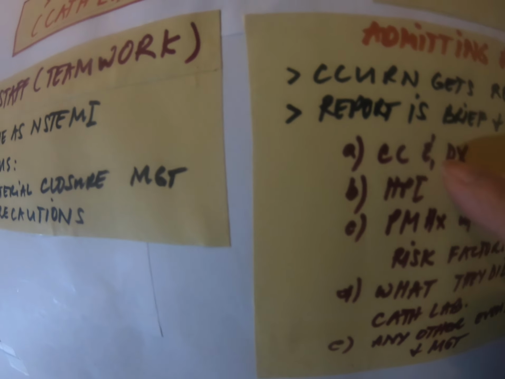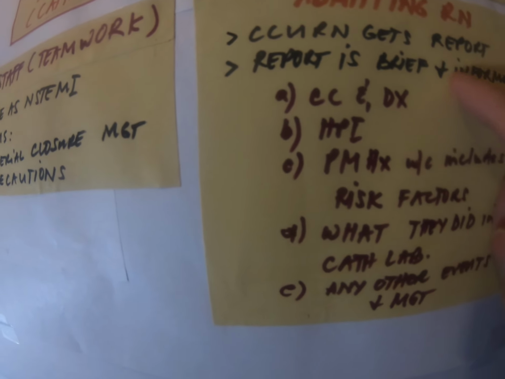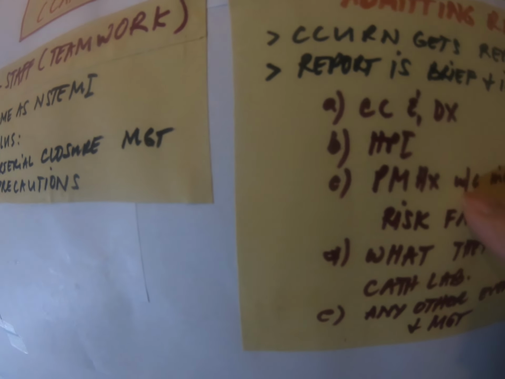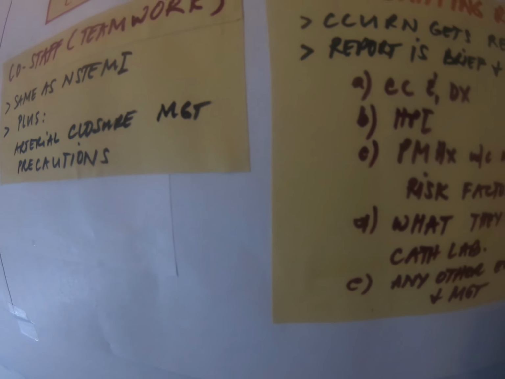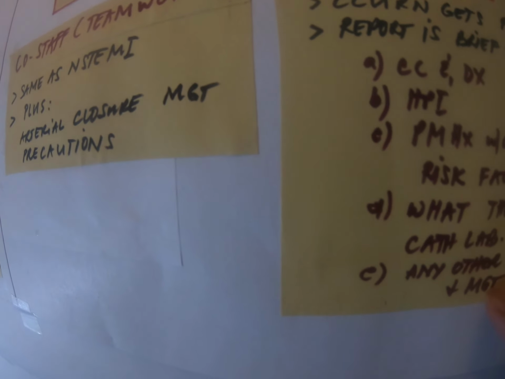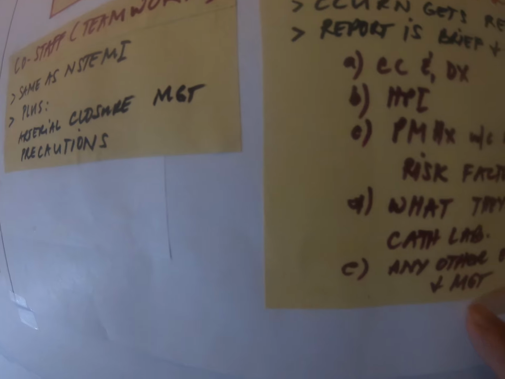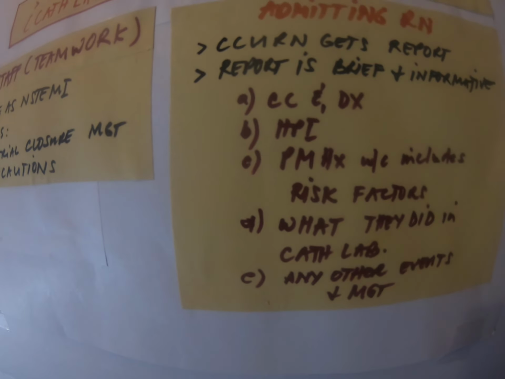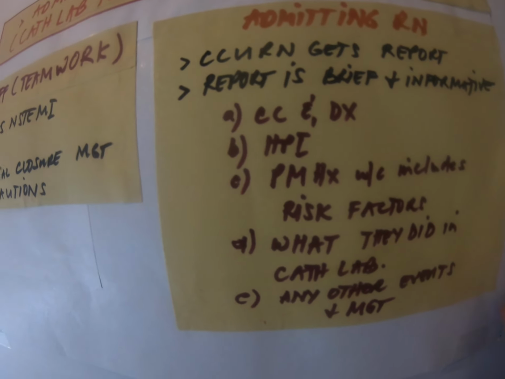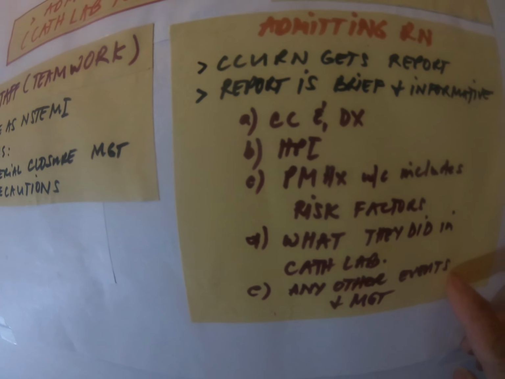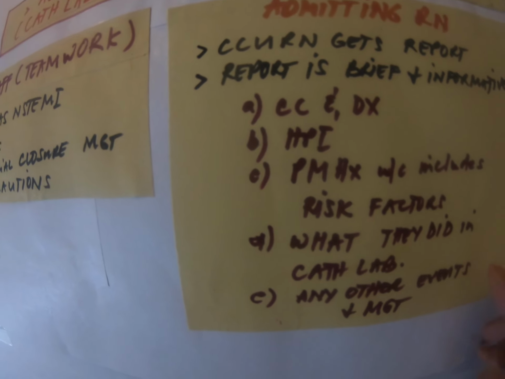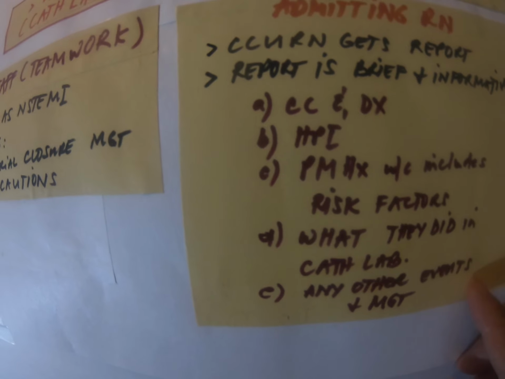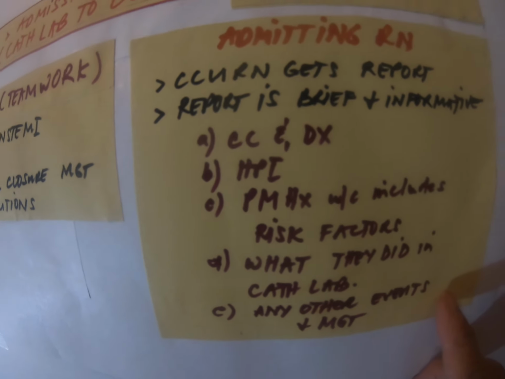And they mention again the chief complaints, diagnosis, history of present illness, past medical history, including risk factors, what they did in the cath lab, and what other management or events that happened and being managed. Okay, and they will tell us what kind of STEMI this is. Is it anterior, inferior, lateral, or whatever they found out and managed in the cath lab.